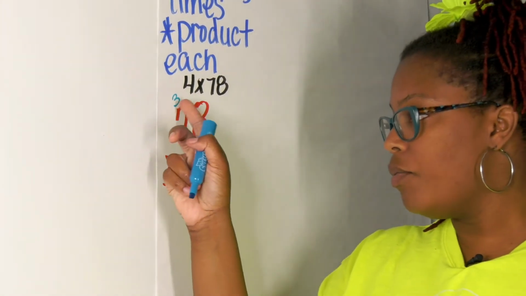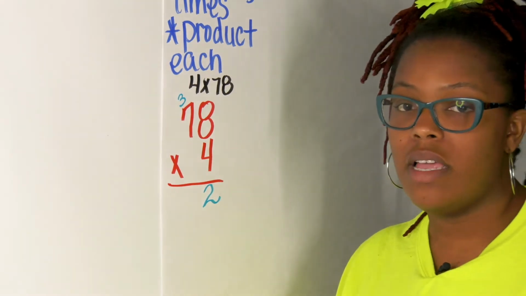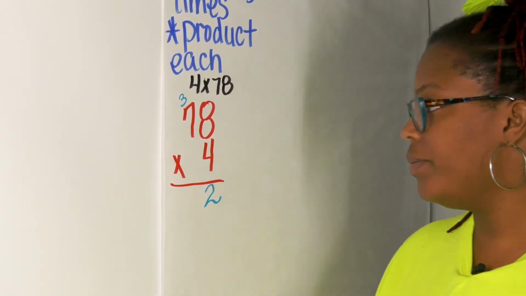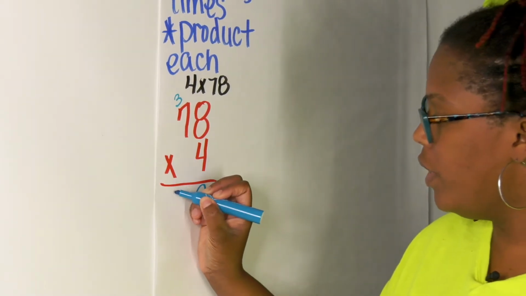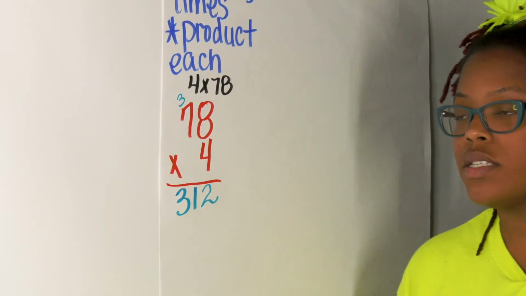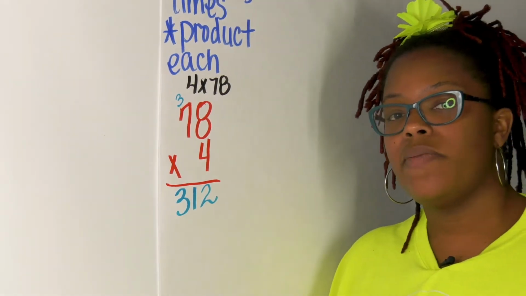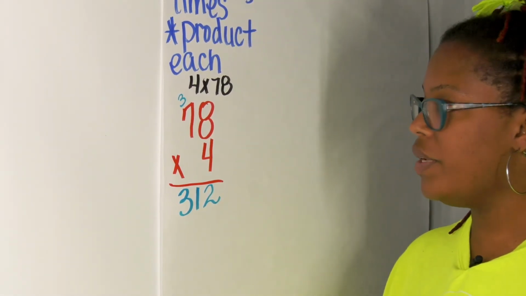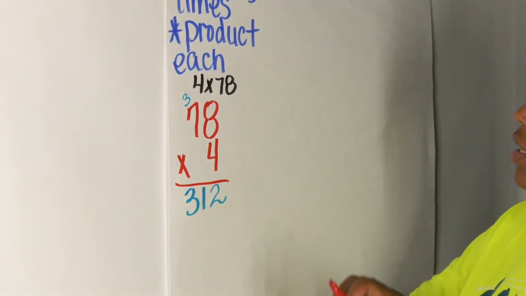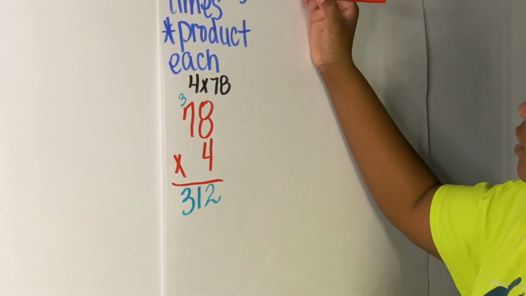And then this remaining number above our 7, we're going to add that to 28. And that would be 31. Okay, so 78 times 4 equals 312. All right, so let's look at another example.